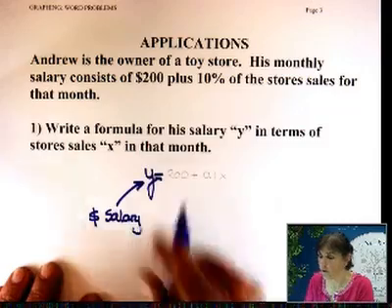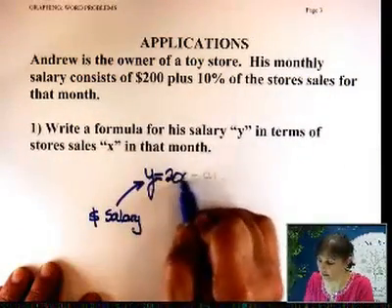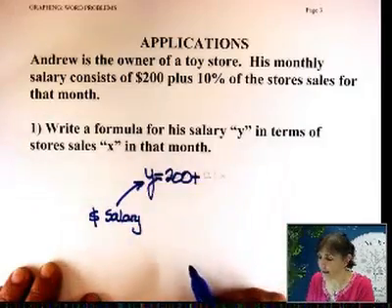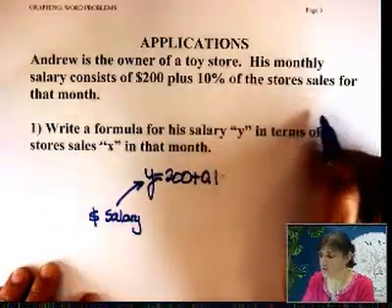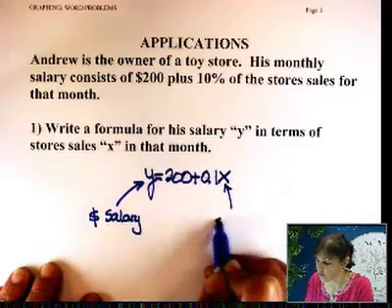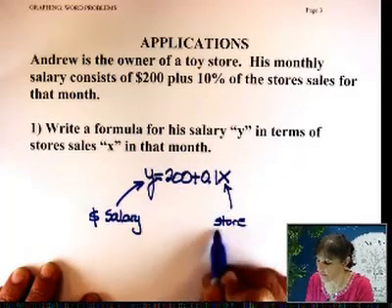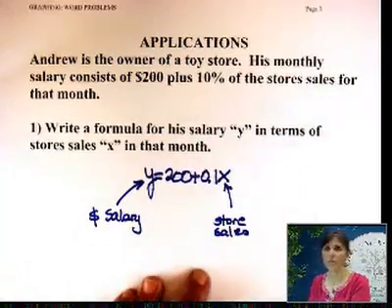I'm going to make $200 no matter what. And then I'm going to make 10%, which is 0.1, of the store sales, X. And this one is the store sales. So my equation is 200 plus 0.1x.